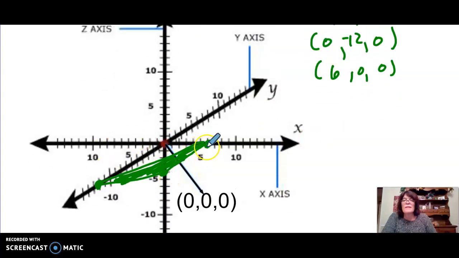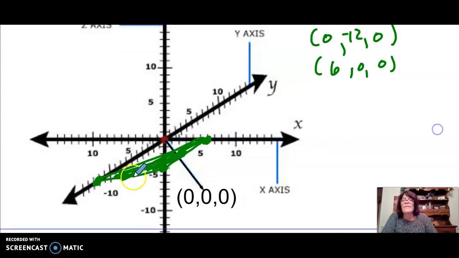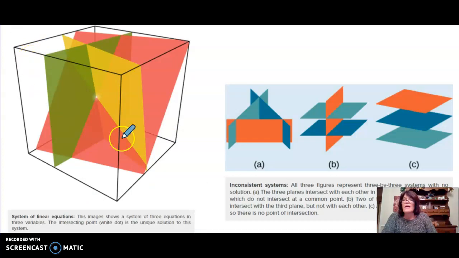Plot those points, 6, 0, 0, 0, negative 12, 0, etc. 0, 0, negative 4, and then draw this little triangle. And it's the plane that holds all the XYZ points that work.